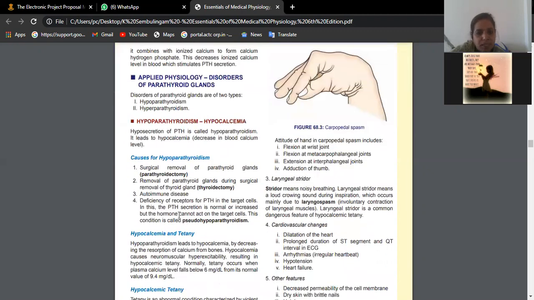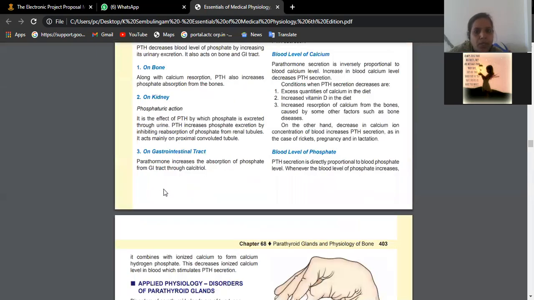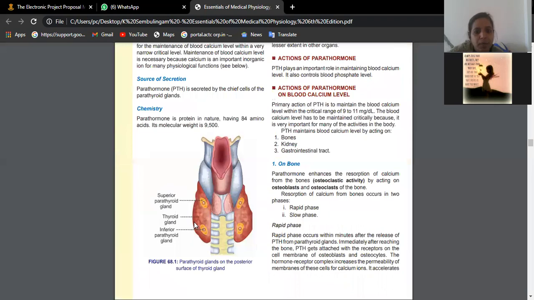That is hypocalcemia. The reasons are like removal of a thyroid tumor, and if the surgeon is not careful, along with the thyroid he has also removed the parathyroids. Where are they located? See, this is the posterior view of the thyroid gland, and these are our parathyroids.